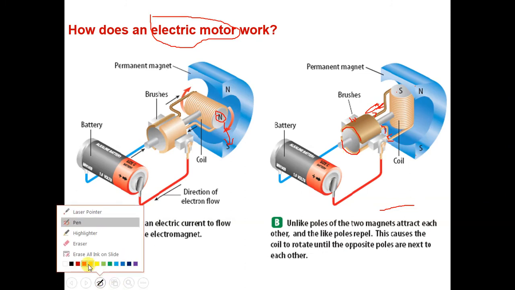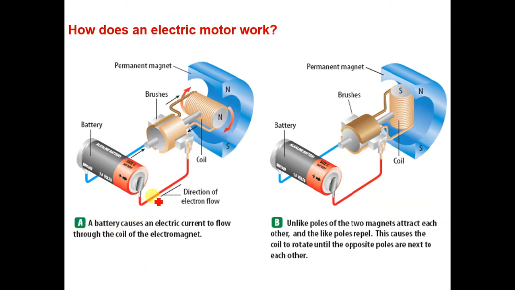Okay, so the commutator changes the direction of current every half rotation. Why? Because, girls, when the direction of current that passes through the electromagnet changes, the poles will change. This will become north and the one down will become what? South.